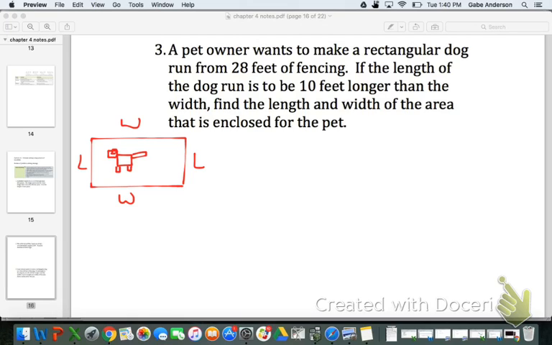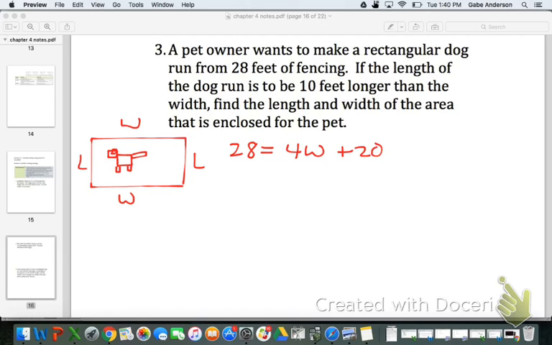Okay, so maybe from the picture and maybe a little bit from the wording, anybody think they have an equation? Go ahead, Christiana, let's hear. Okay, so I think it's 28 equals 4W plus 20. Ooh, okay, let's think this one through. Where did you come up with that?